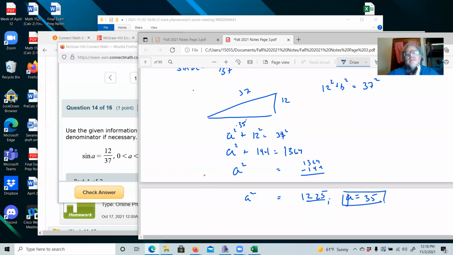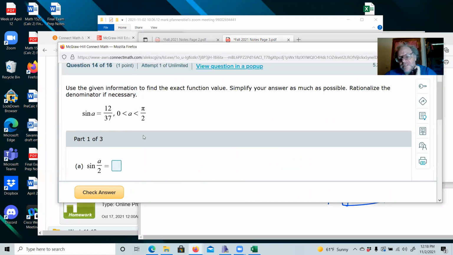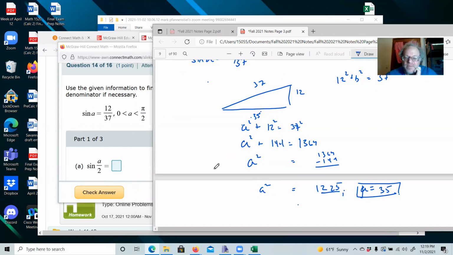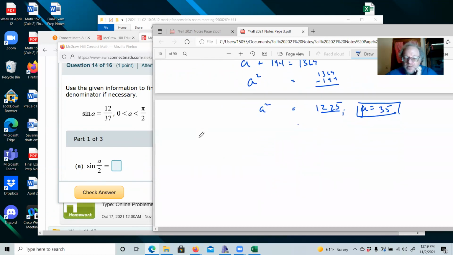We have to do that because they're going to ask us for some double angle formulas, and double angle formulas require us to know what cosine is. Remember, everything is in the first quadrant here, so everything is positive. We don't have to worry about negatives or weird signs.